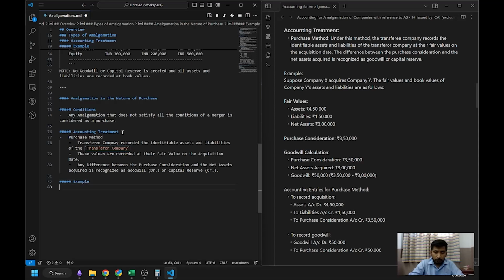Company X acquires company Y. The fair value and the book value of company Y assets and liabilities are as follows.